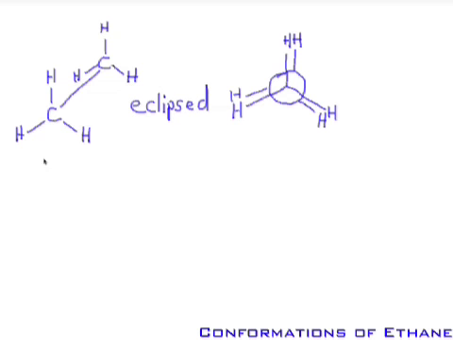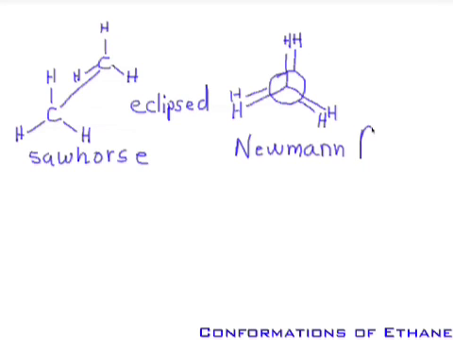conformation. Now, as I stated, this is a sawhorse diagram, the one on the left. The one on the right is called a Newman projection.